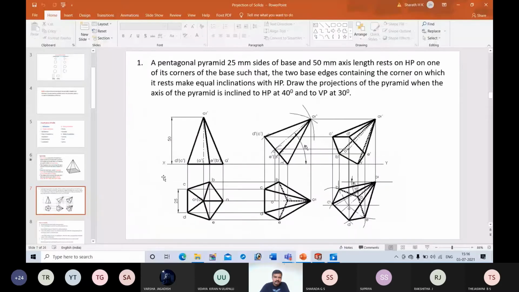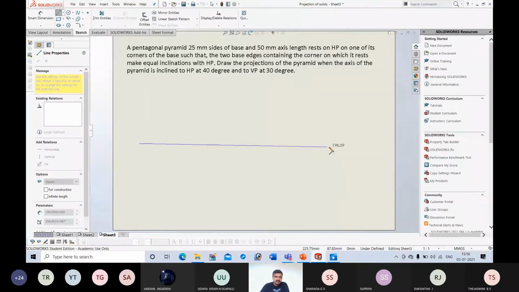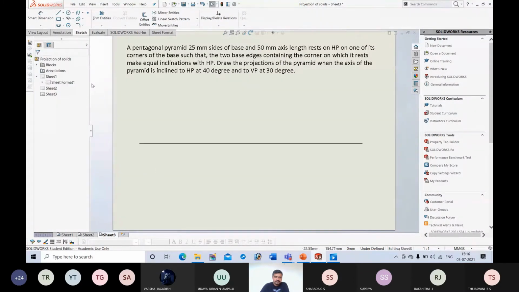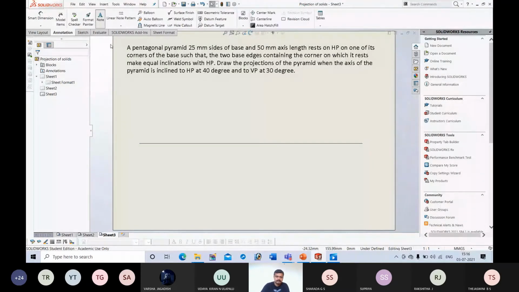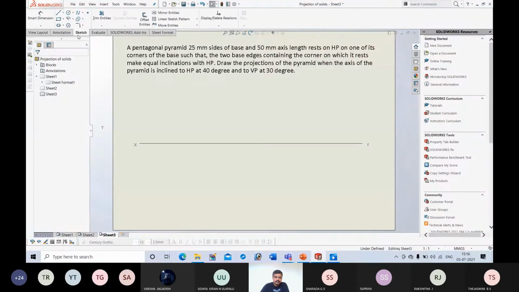First, draw the XY line, and I will name it XY. Then next, draw the top view. Since it is a pentagonal pyramid resting on a corner, I will draw a pentagon.